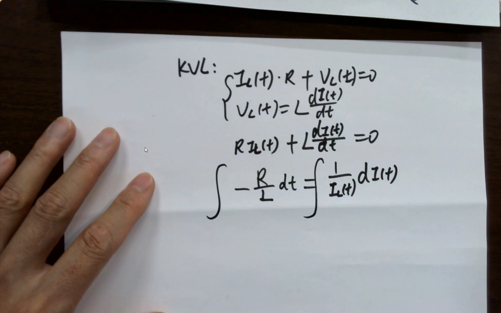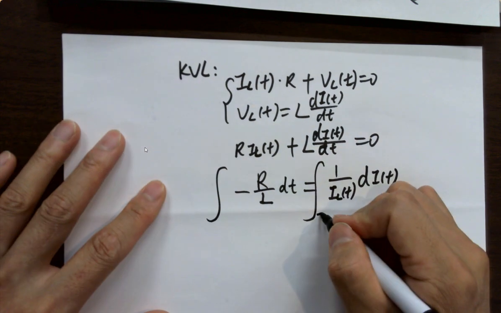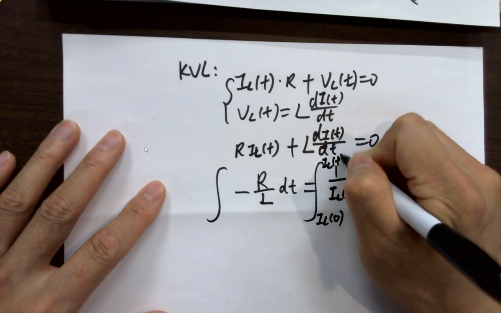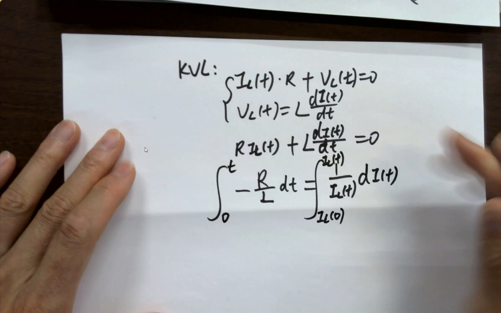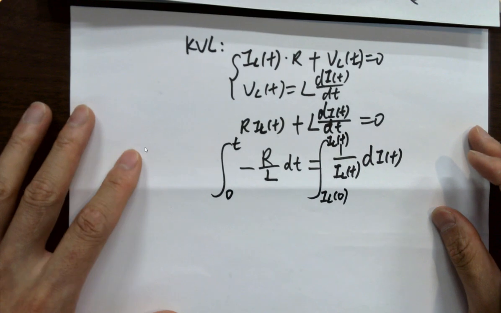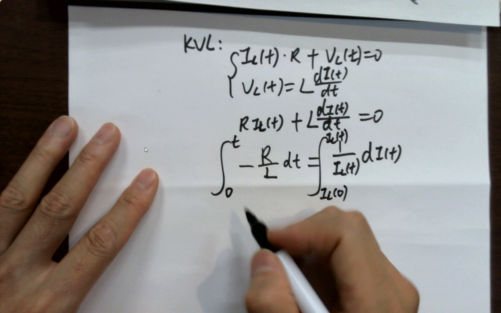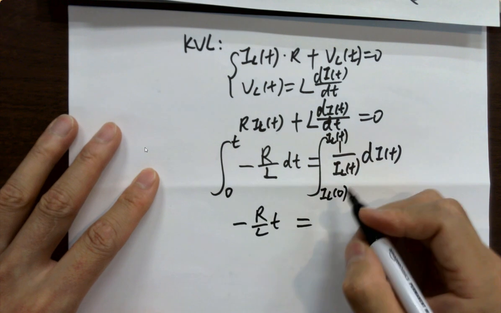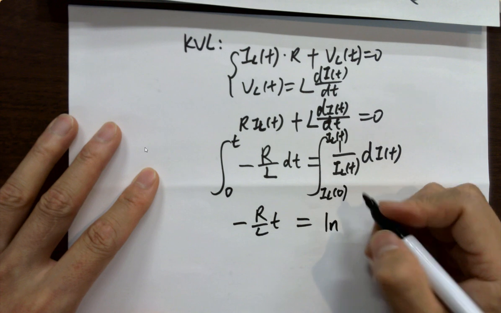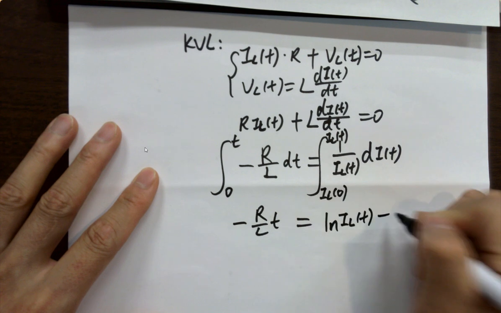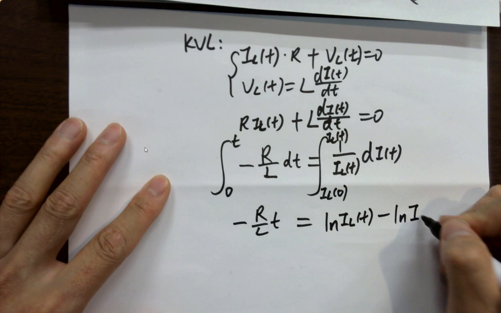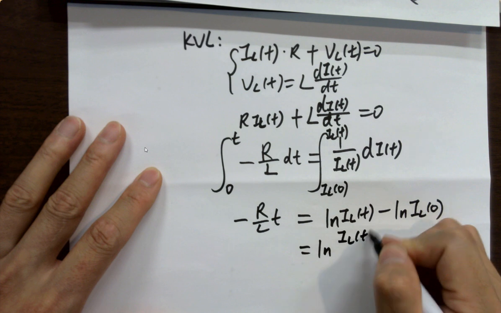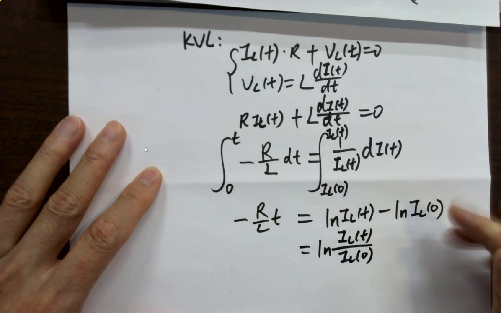Is there an initial current in here? Yes. i_L what? 0 to what? i_L(t). Here, 0 to t. Minus R t over L equals natural log i_L(t) minus natural log i_L(0), which is natural log i_L(t) over i_L(0).